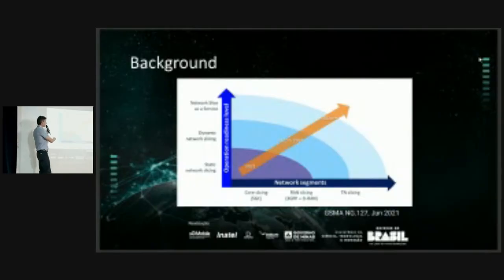And the evolution of the core and the evolution of the RAN usually support more dynamic network slicing, and in the future and the perspective, the operator and the tenants need to request slicing as a service.